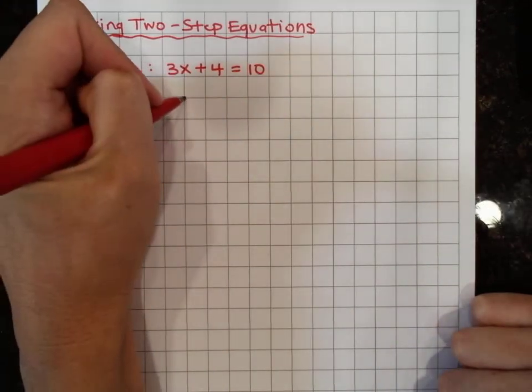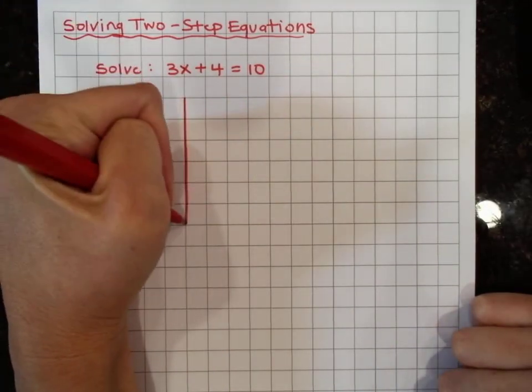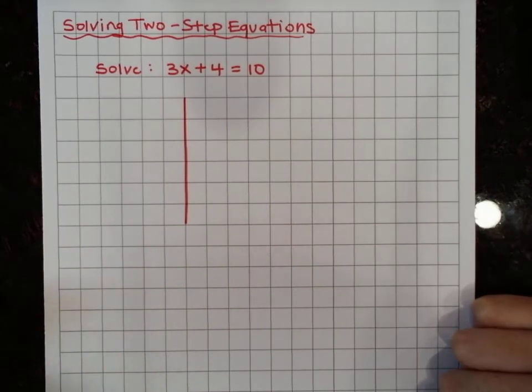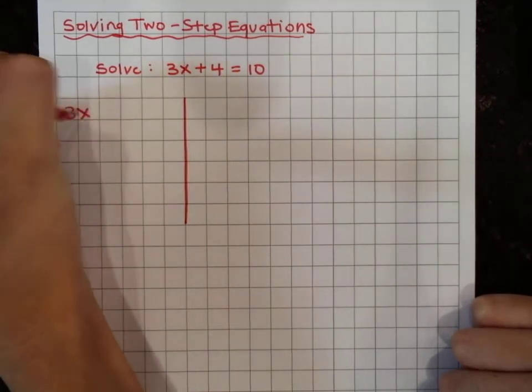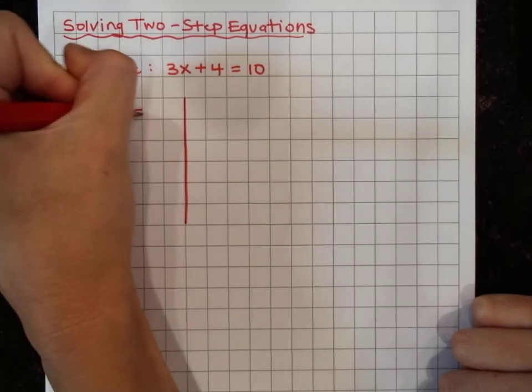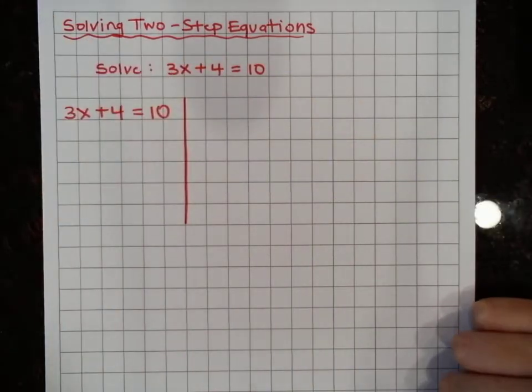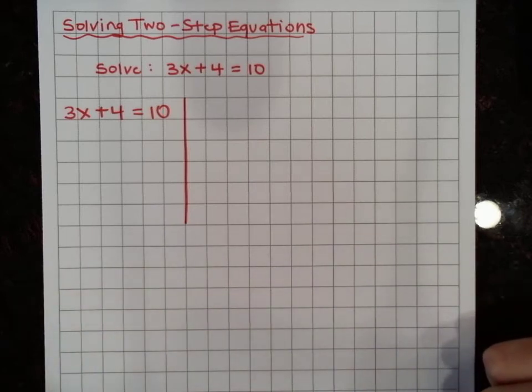Okay, so we're going to draw a little line here so we can write down our steps on one side and show our work on the other. So we have 3x plus 4 equals 10. We're just copying down our equation. And so we're going to be using our inverses. If you remember from last year, the inverse of addition is subtraction.